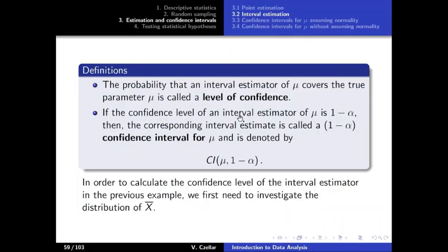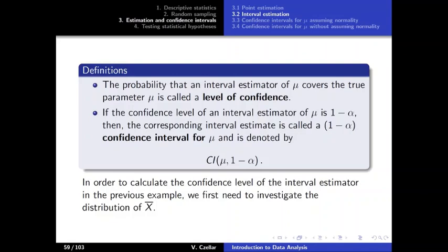Now, the probability that an interval estimator of mu covers the true parameter of interest mu is called the level of confidence. And if the confidence level of an interval estimator of mu is 1 minus alpha, we would like this to be something very large. So alpha is typically something very small, but let's be general, let's denote it by alpha.